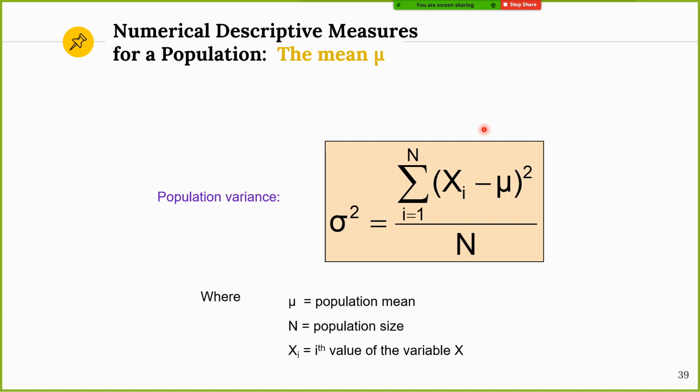Not n-1. Yes, it is not n-1. Correct. If you have the population, you divide by the whole total population. But for the sample, you take the sample size and minus it with what? That's the difference.